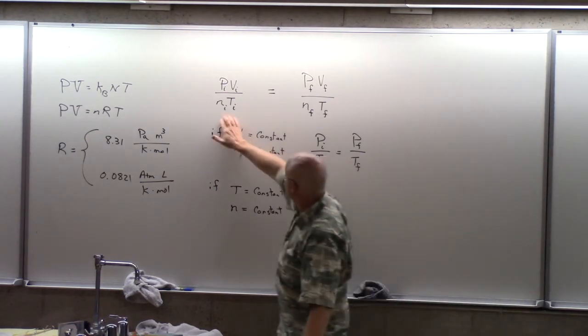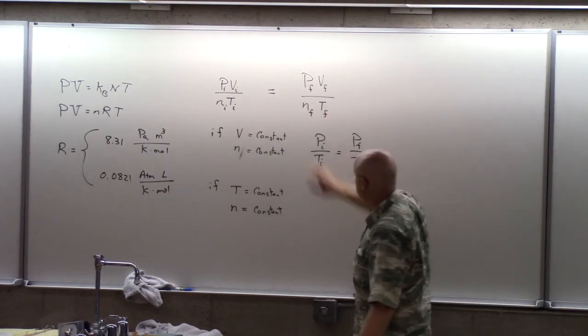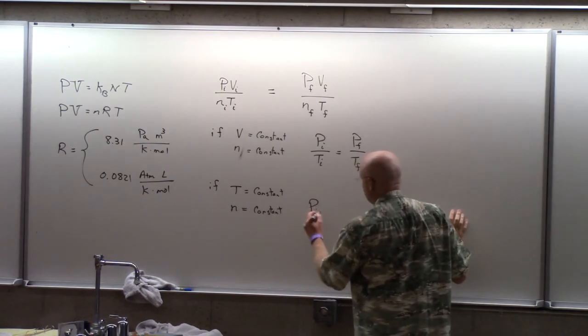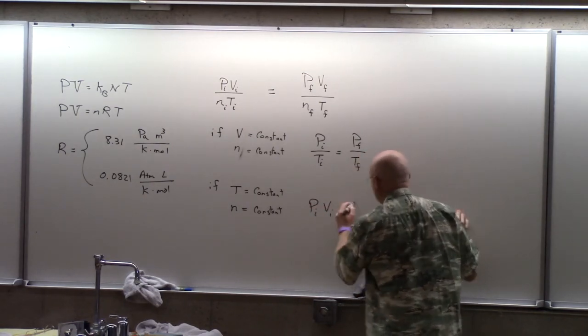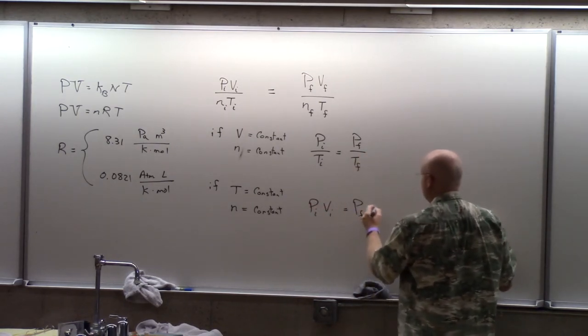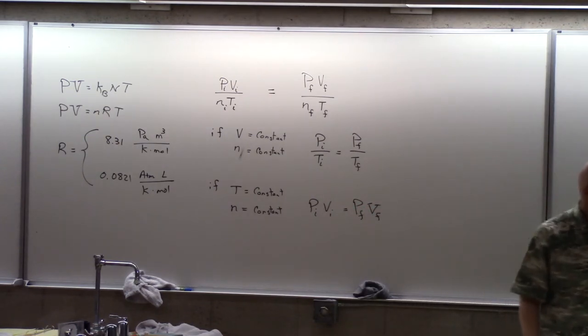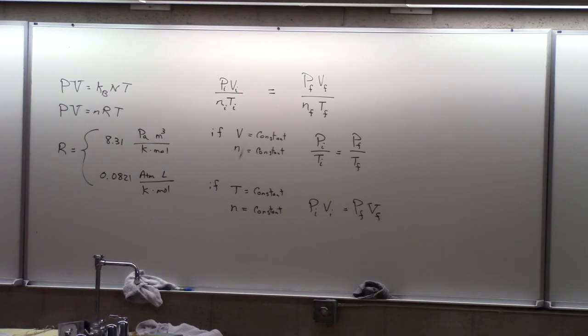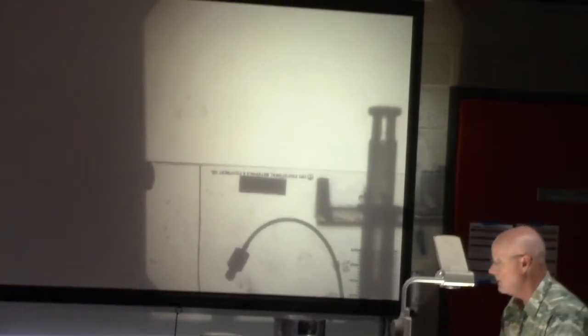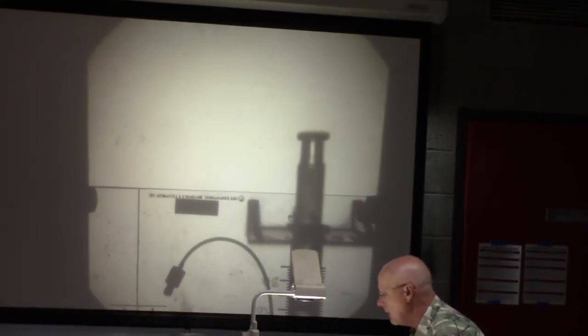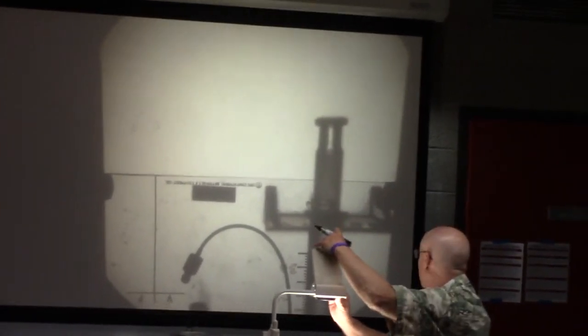Well, I guess these in the denominator would be the same as these in the denominator, so initial pressure times initial volume would be the same as final pressure times final volume. And this is kind of an easy experiment to show too. In fact, you might even recognize it as Boyle's law, because the first one to discover this was Boyle, and so we call it Boyle's law.